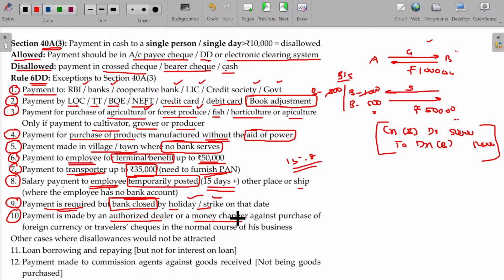Directly go to the authorized money exchanger, give 2 or 3 lakhs and convert it into dollars. In that case, you can make the payment in cash. That too, the payment is given to the authorized dealer or money changer against purchase of foreign currency or traveler's checks in the normal course of his business.